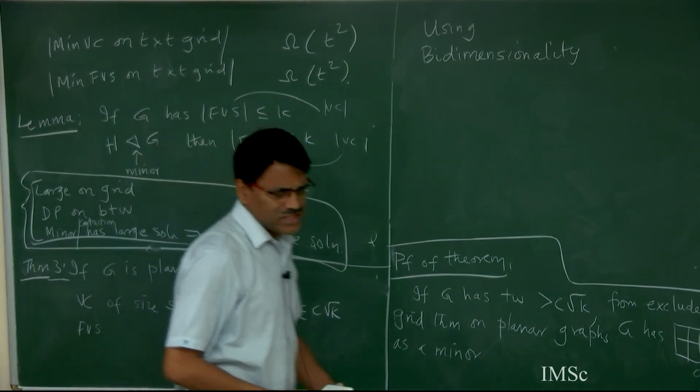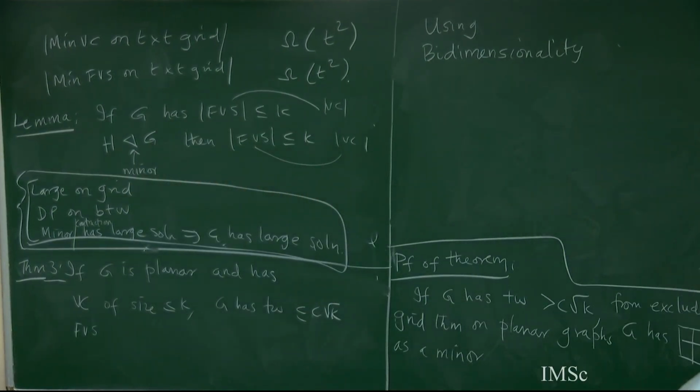Then using this, there is a whole lot of problems: vertex cover, independent set, dominating set, scattered set, induced matching, center, feedback vertex set, longest path, longest cycle, connected vertex cover. A whole lot of problems have a sub-exponential algorithm.